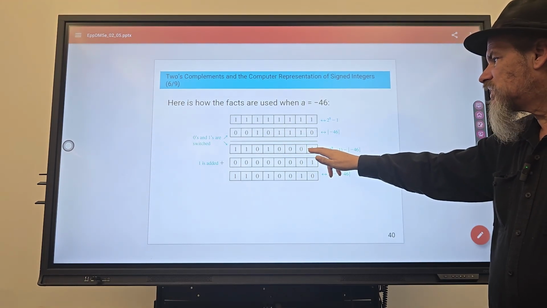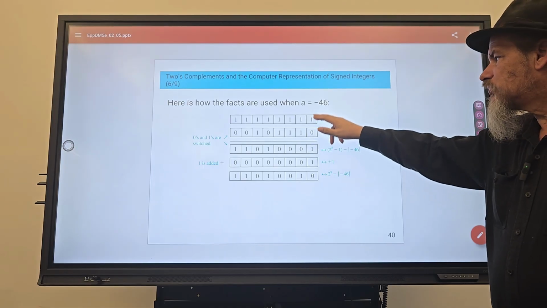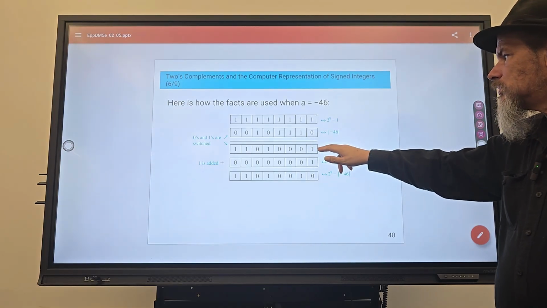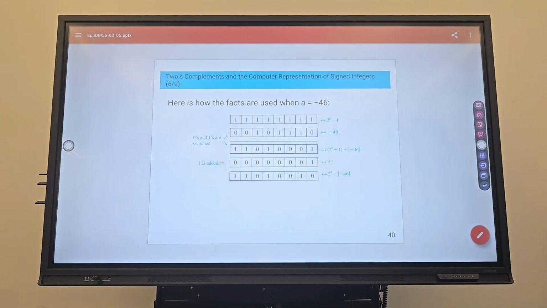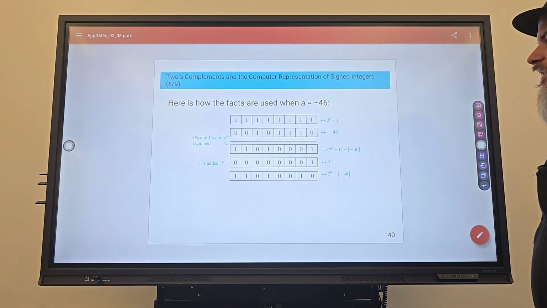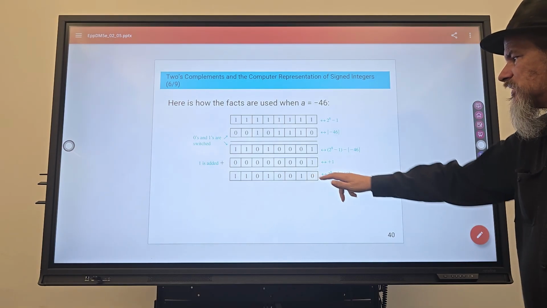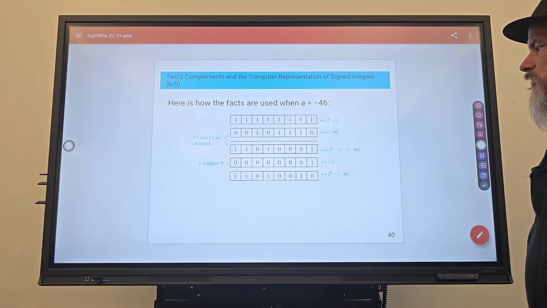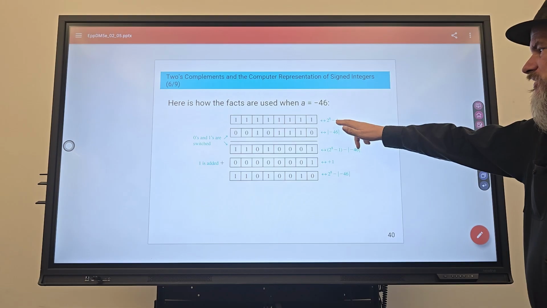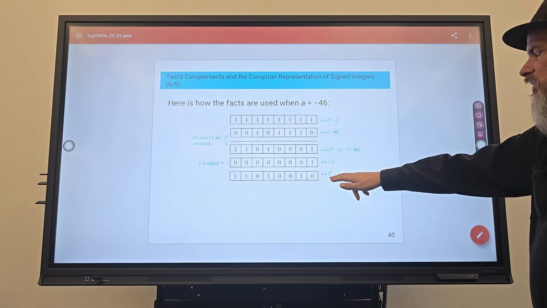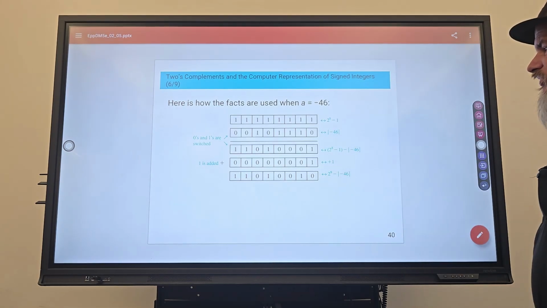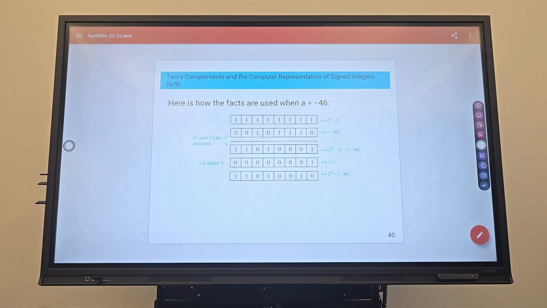Switch the bits by subtracting it from 2 to the 8th minus 1, and then add 1. Because you subtracted 1 from here, you add 1 back, and it's 2 to the 8th minus the absolute value of negative 46.